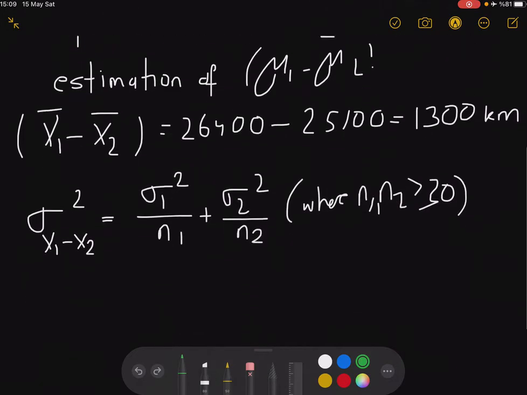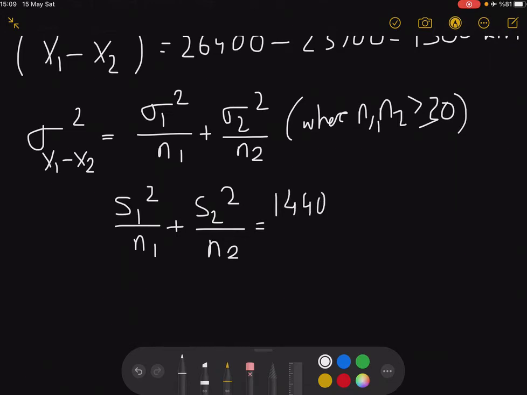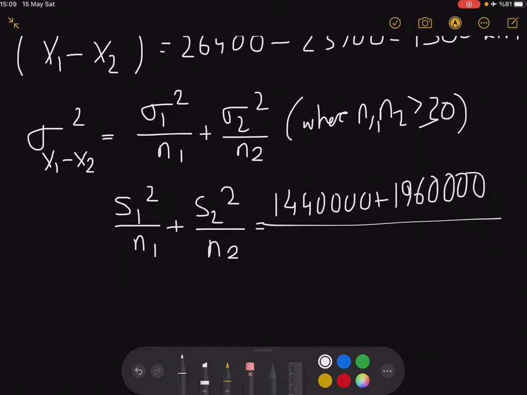All right, what you have here should be equal to S1 squared over N1 plus S2 squared over N2, and we already have these values, right? Plus this much, over 100 samples for both, and the result will be 34,000.